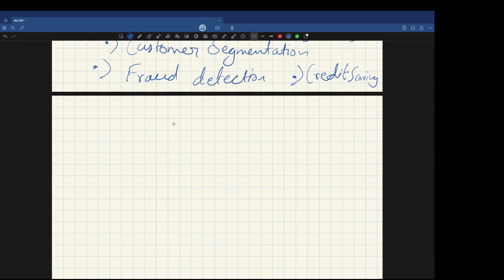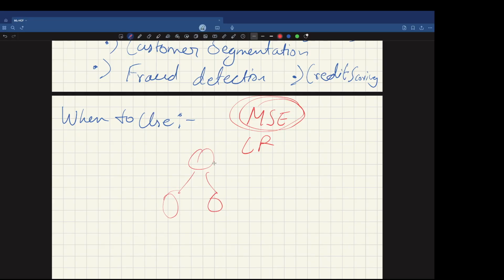Now the point comes when to use this algorithm. It is used for both classification and regression, and we just discussed the classification one. The regression one is not needed right now, but it is the same as mean square error. We find mean square error in linear regression. Same thing you have to find for each and every node, each and every value, like these categories and values, might be 3, might be 4 different values.